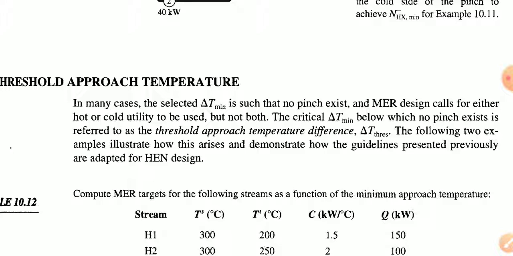The critical delta T minimum below which no pinch exists is referred to as the threshold approach temperature difference, or delta T threshold. The following two examples illustrate how these arise and demonstrate how the guidelines presented previously are adapted for heat exchanger network design.